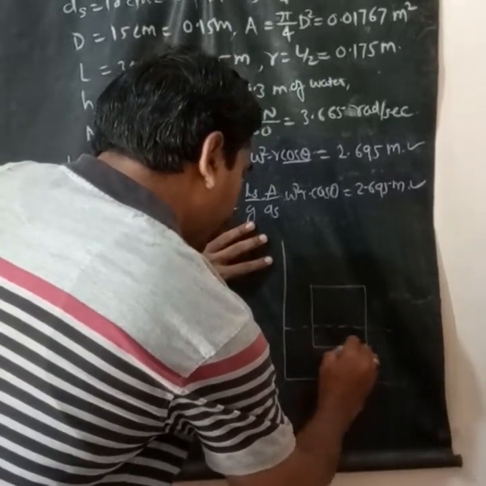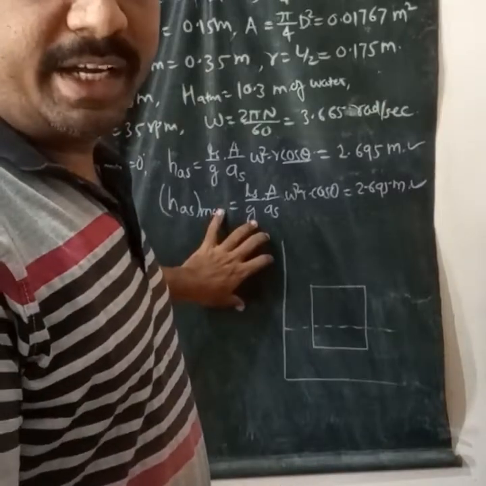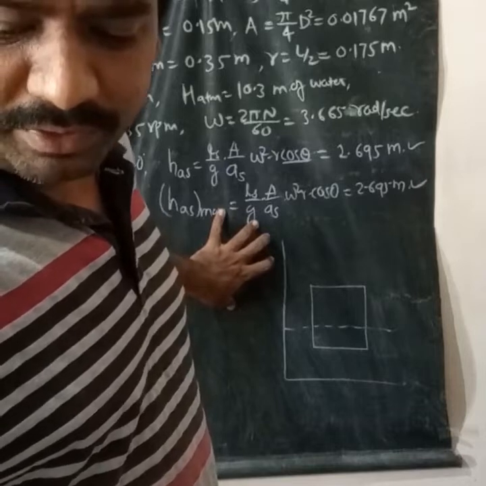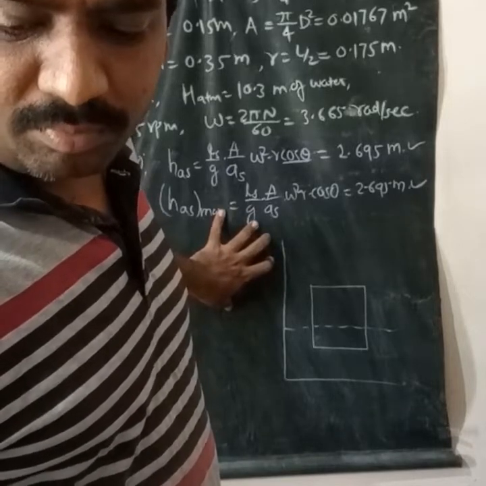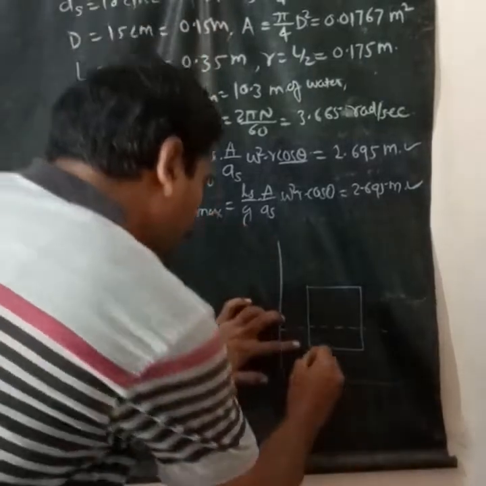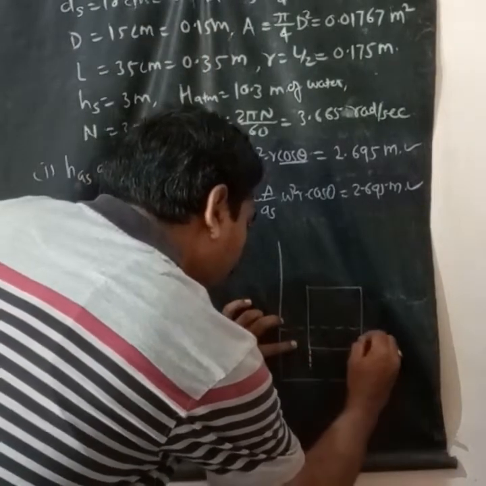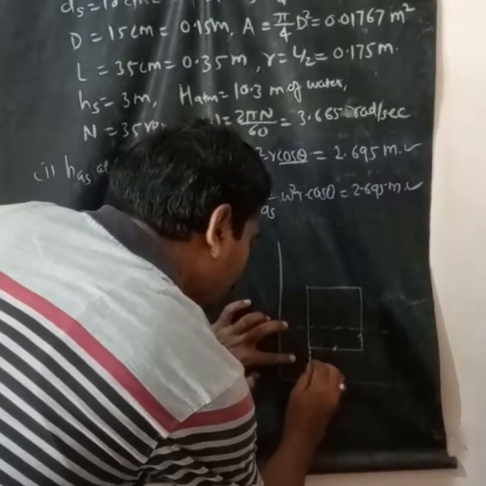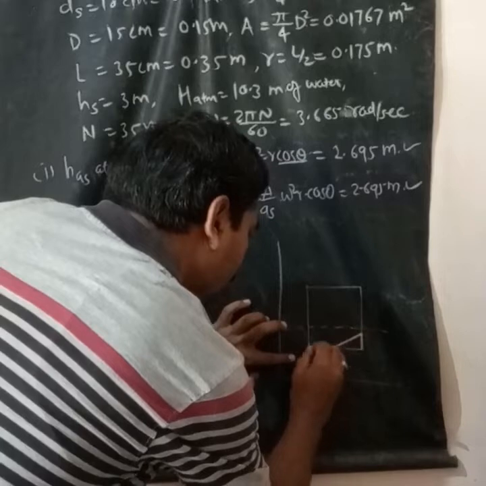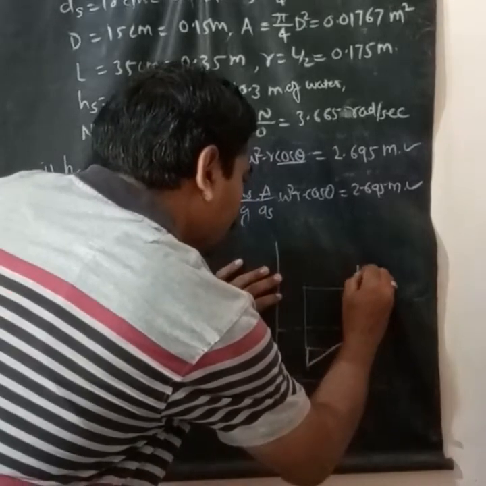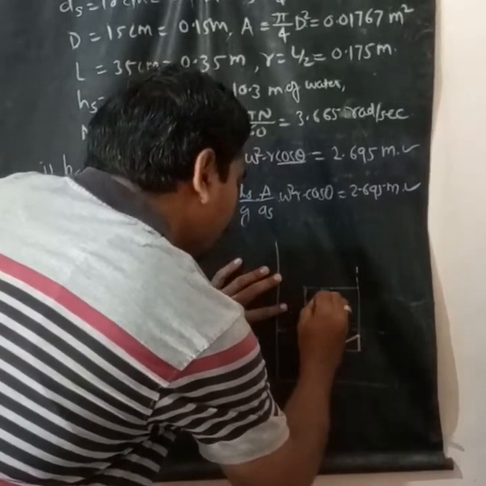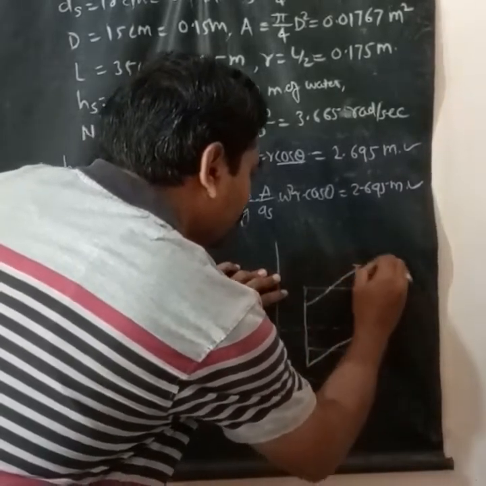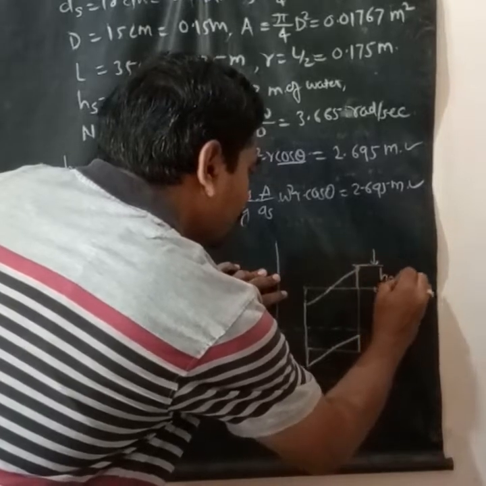This will be representing the ideal indicator diagram and the effect of the pressure head due to acceleration, at the suction side as well as at the delivery side. This is HAD.